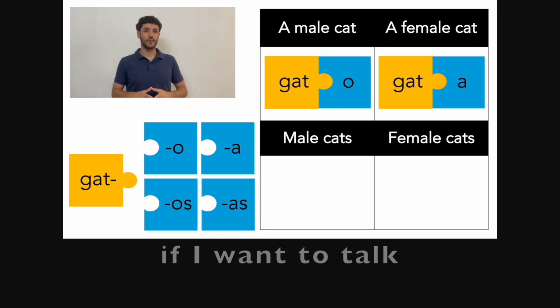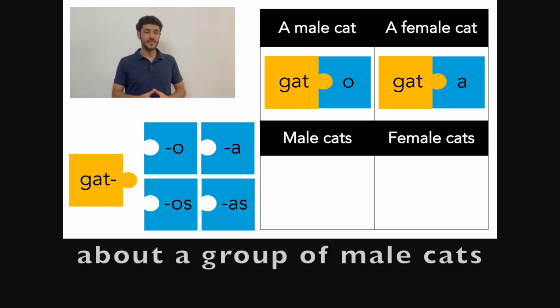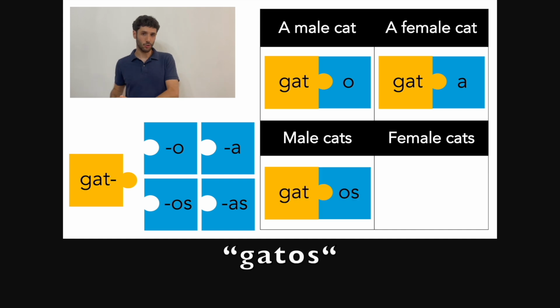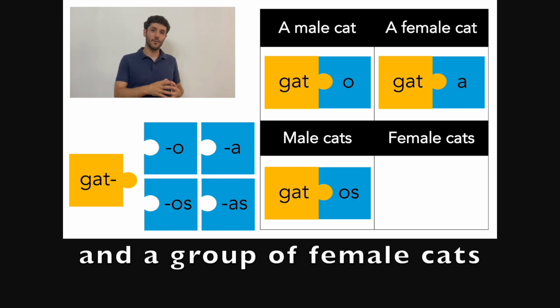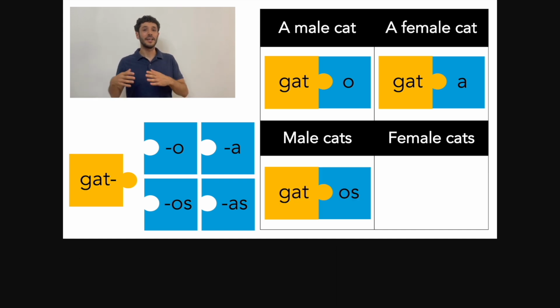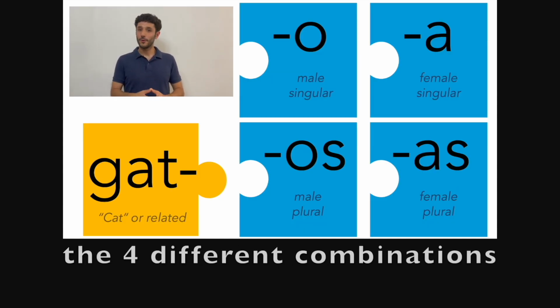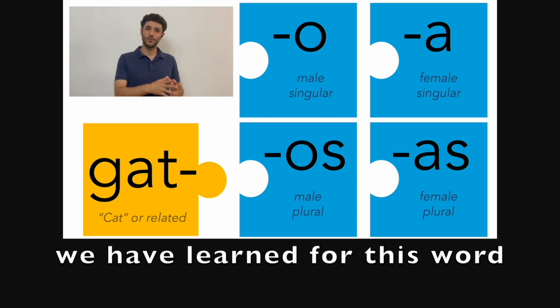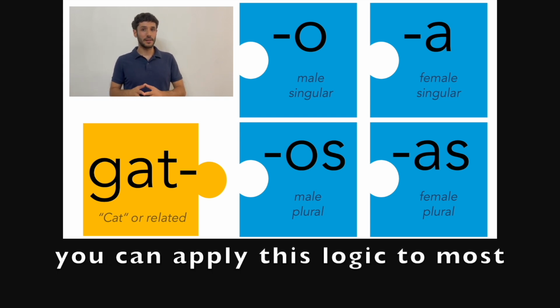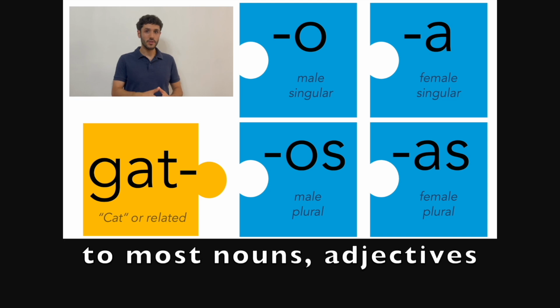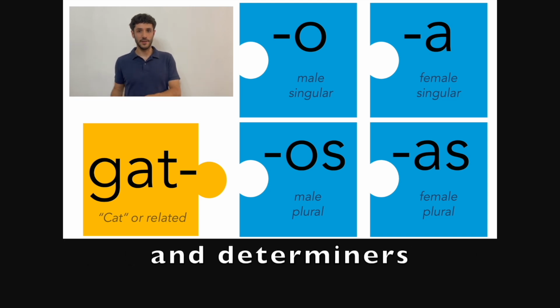If I want to talk about a group of male cats, I will say gatos, and a group of female cats could be gatas. Here on the screen, you can see the four different combinations we have learned for this word. Basically, you can apply this logic to most nouns, adjectives, and determiners.